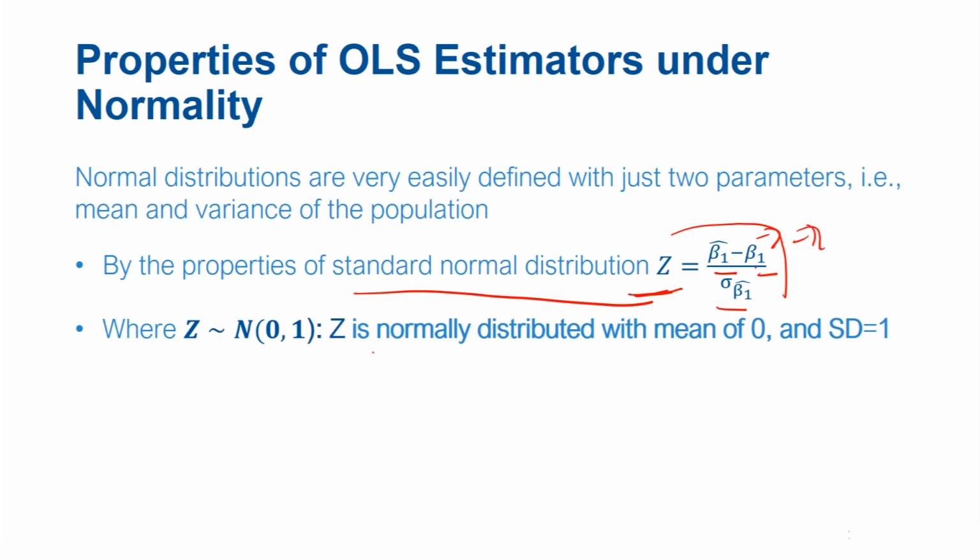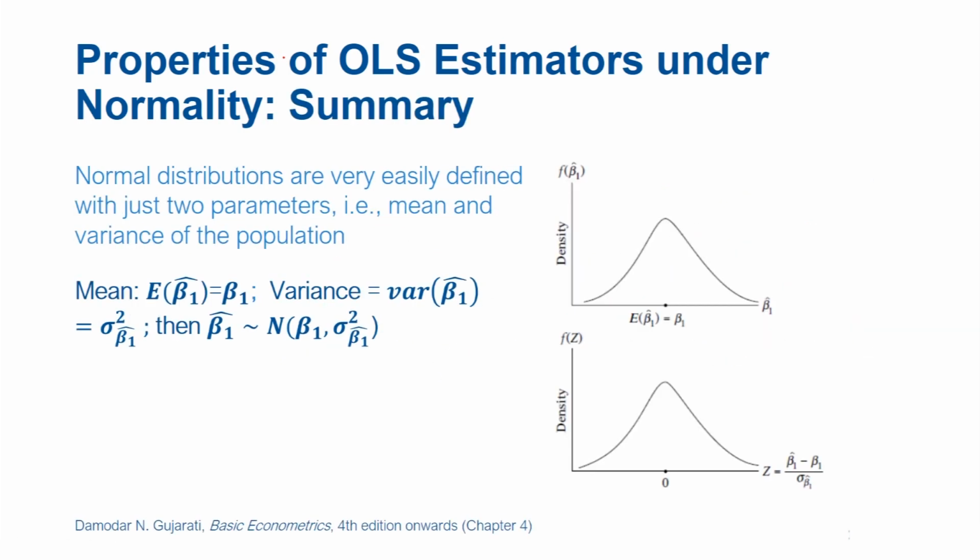And like we said, this z is distributed normally with a mean or expected value of 0 and a variance of 1, because it is the standardized version. It helps us in doing any kind of hypothesis testing and inferential statistics.